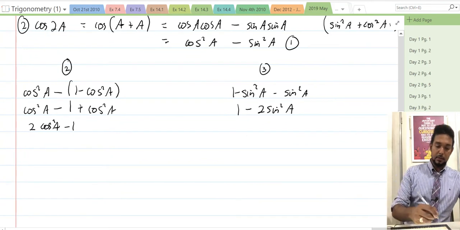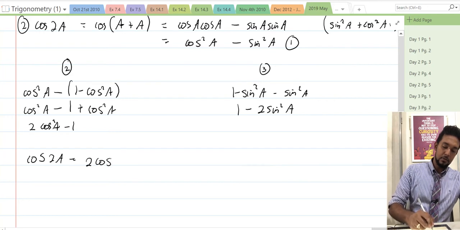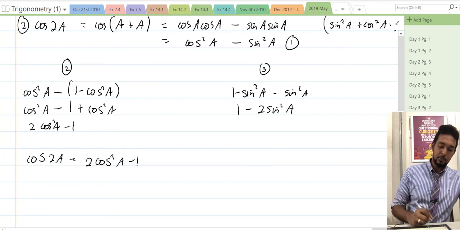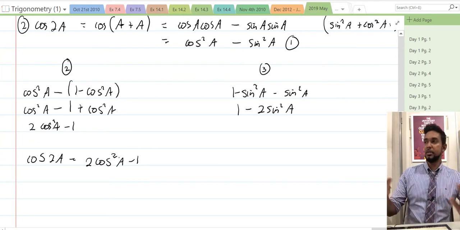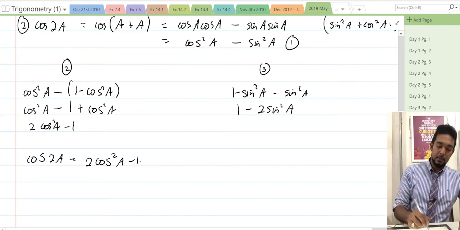And we have a couple of little things we could do in addition to that. So if cos of 2a is equal to 2 cos squared a minus 1, we could actually make cos squared the subject. Right? So I'm just showing you guys how you could play with this and manipulate it, right? Because these things really come into play not so much at the O level, to be honest.